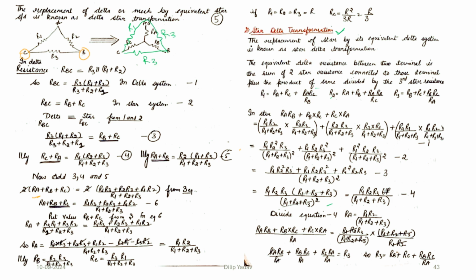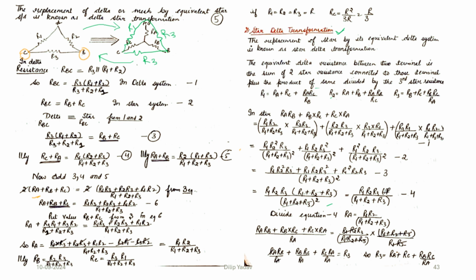Earlier we did delta to star, now we are going from star to delta, with the same conditions that we have. To remember this, we need to go for one numerical. In this we can see the R1 that we have calculated, where it is written divided by RA.